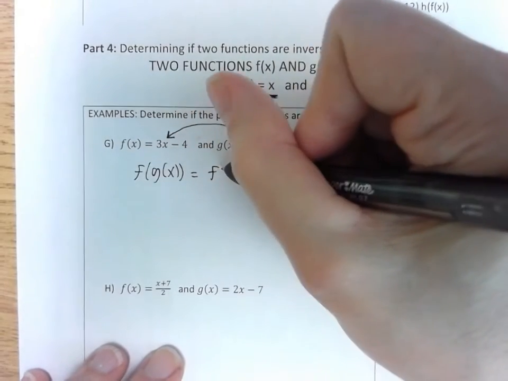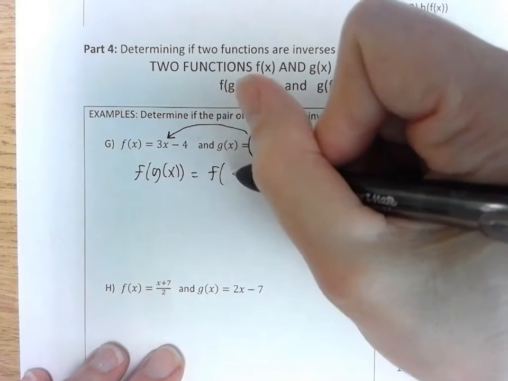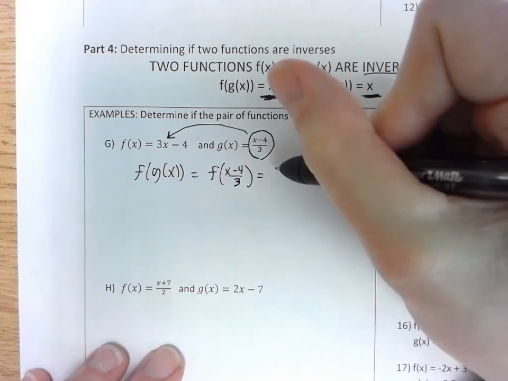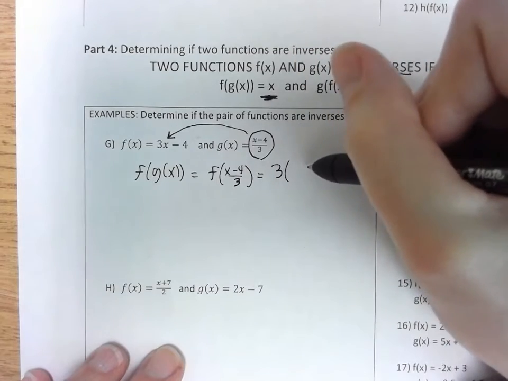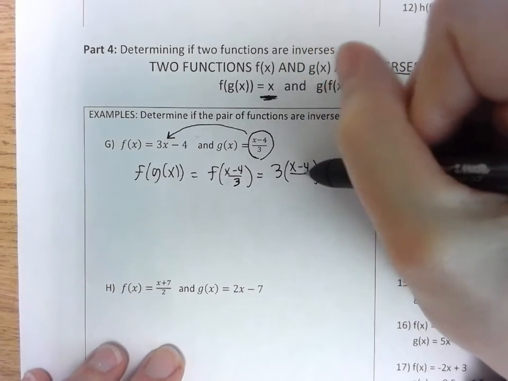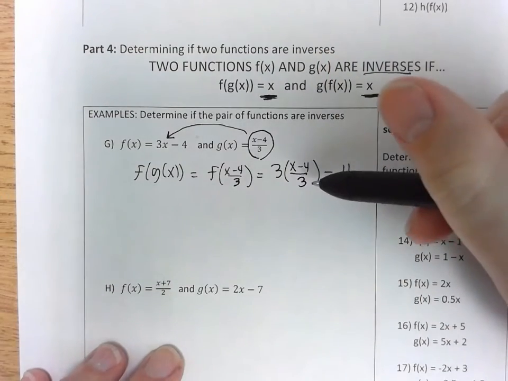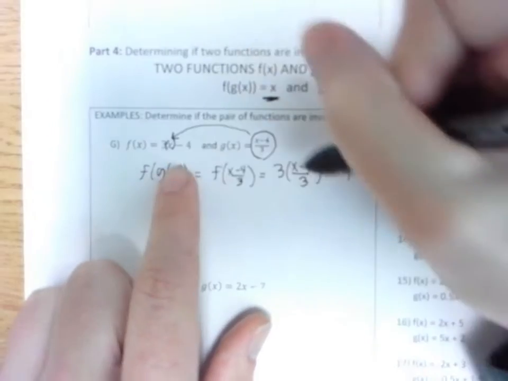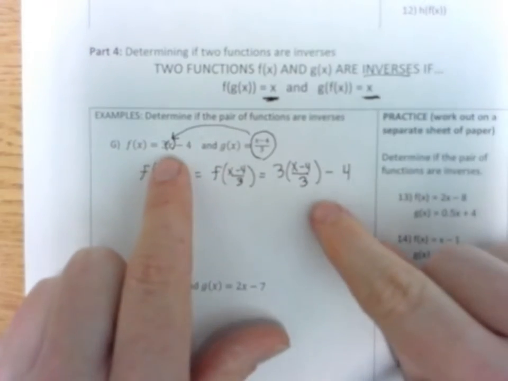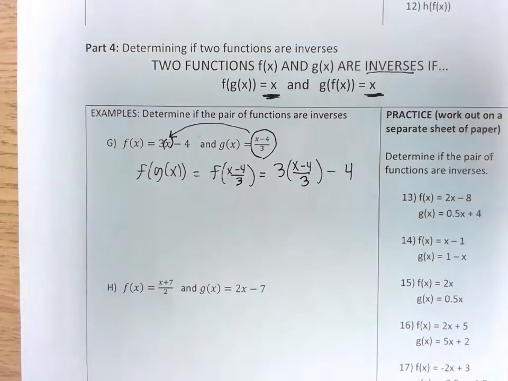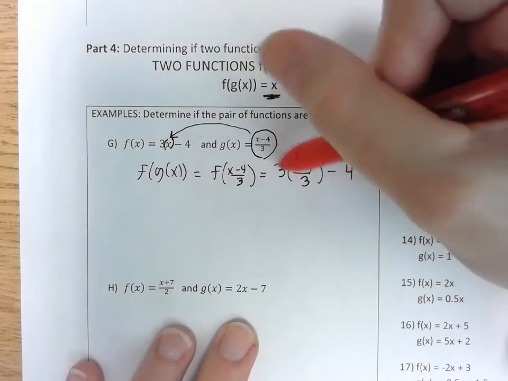So that's going to be equal to f of (x minus 4) over 3. And that way we're going to substitute x minus 4 over 3 into the x for here. So that x will get replaced with x minus 4 over 3. If I work these out, these 3's are going to cancel out.